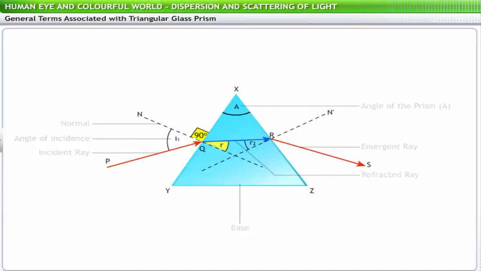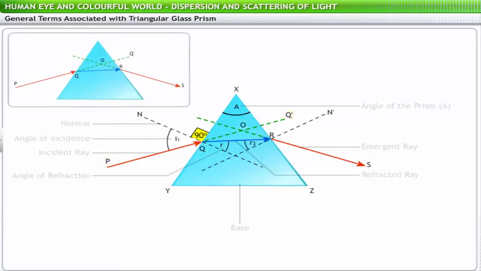The angle between the normal and the refracted ray is known as the angle of refraction. In the absence of the glass prism, the incident light ray would follow the path PQ/OQ'. Due to the prism, the light ray emerges along the path ORS. Thus, the light ray deviates from its initial path.